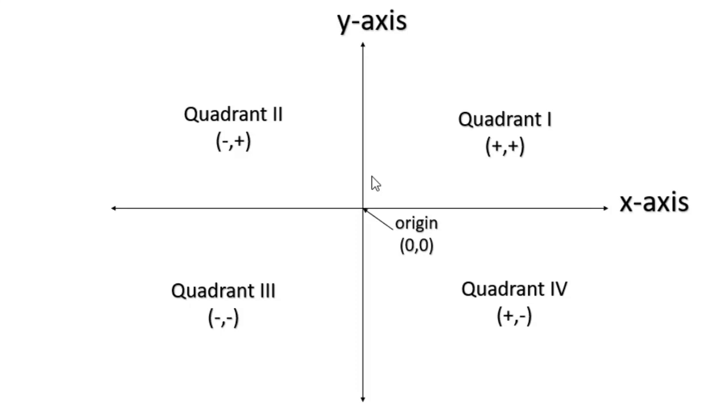It is composed of infinitely many points. Each point in the coordinate system is defined by an ordered pair of the form x, y. The first coordinate of a point is called the x-coordinate.